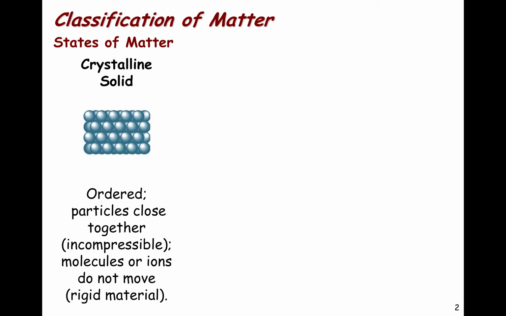The first type is a solid material. There are two different general types of solids: crystalline solids and amorphous solids. For the moment, we're going to focus on crystalline solids. A crystalline solid has a regular repeating pattern for the arrangement of the atoms within the material.